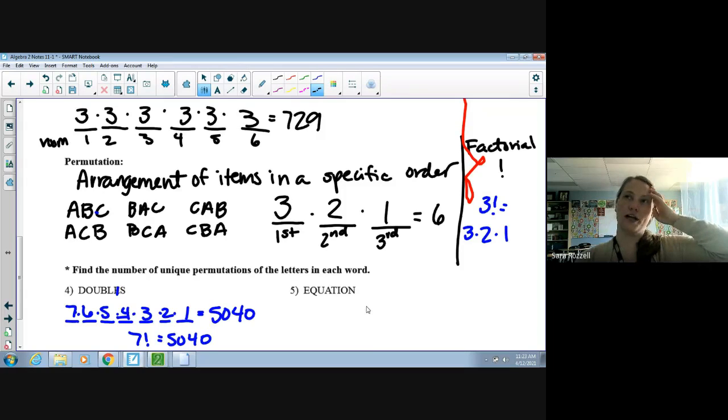Look at the word equation. To know how to permute these, or how many different ways we could write equation, how many letters are there in equation? There are 8 letters. So we can write all of our spaces out, or we can just say 8 factorial.